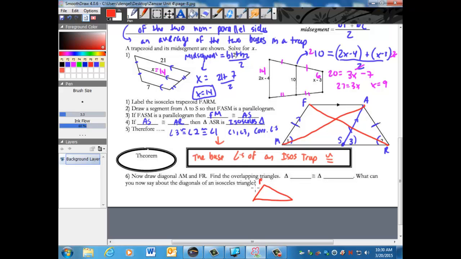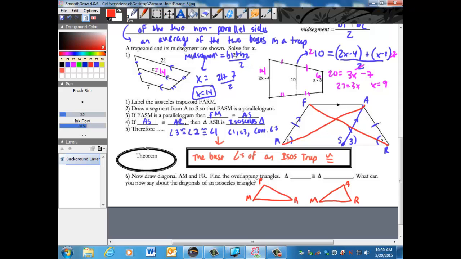And so there's F, there's M, and there's R. Alright, and then let's redraw the second triangle, which is going to look something like this. And so here's A, here's R, and here's M.